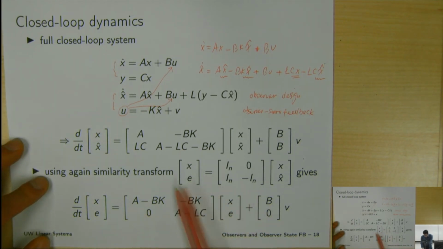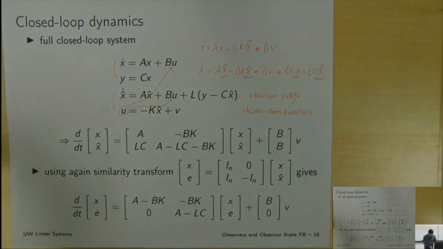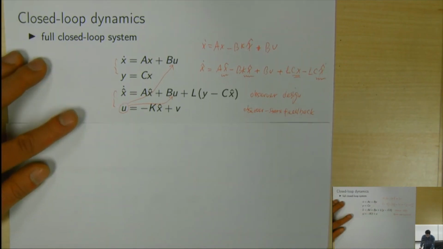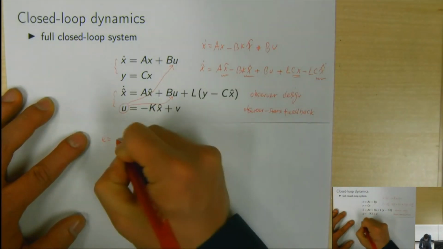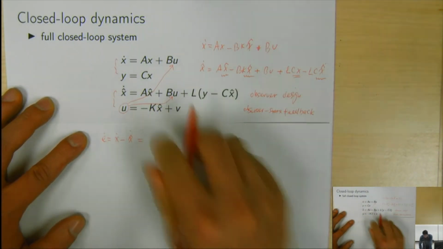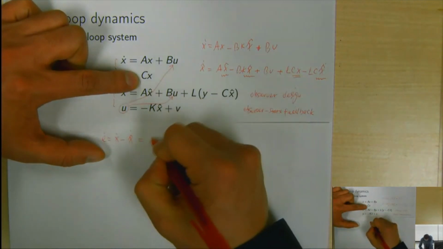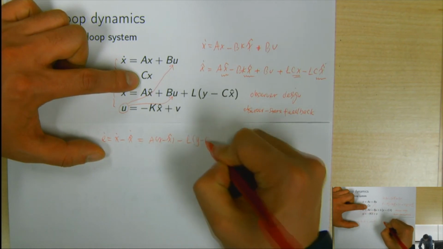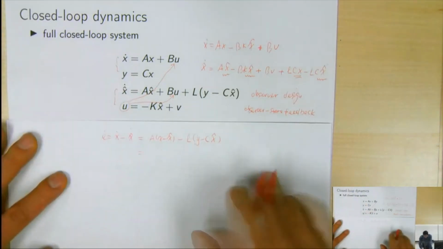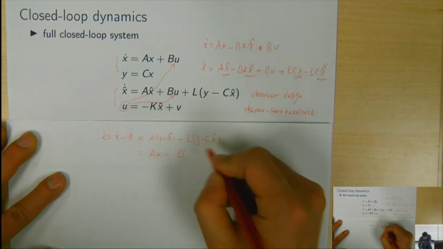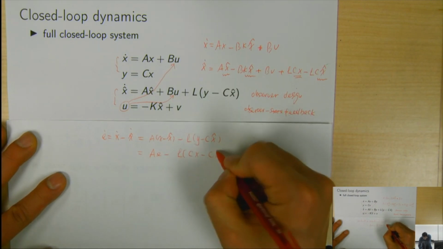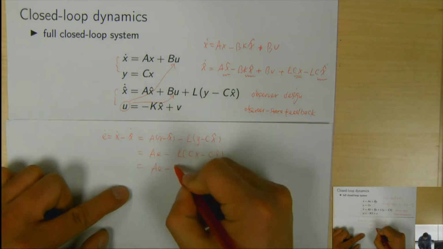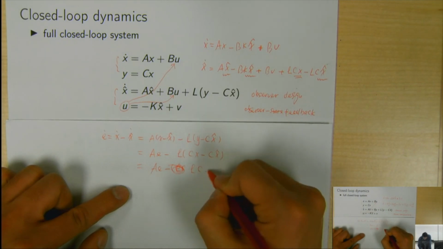So e dot equals x dot minus x hat dot, which equals A times e minus L times y minus C x hat, in other words, A times e minus L times Cx minus Cx hat.